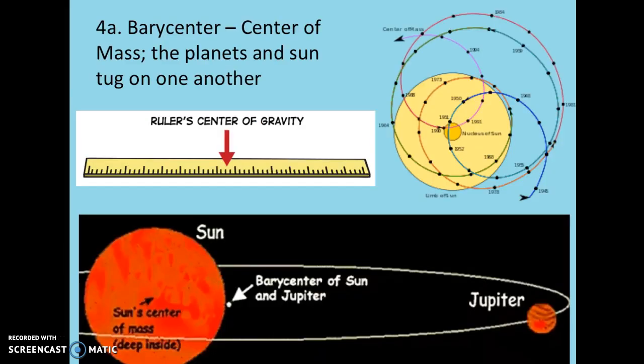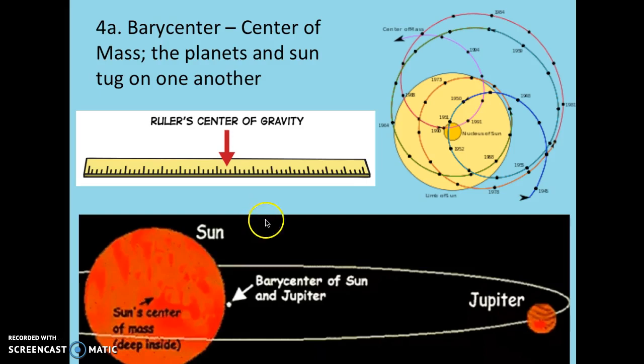Barycenter. So barycenter is the center of mass, looking at multiple celestial bodies. The example is if you try to balance a ruler on your finger, when you are able to balance it, then you have your finger directly aligned under the center of gravity, whereas if you try to put your finger under the ruler over here, then more mass is going to be on this side, so it's not going to be balanced.